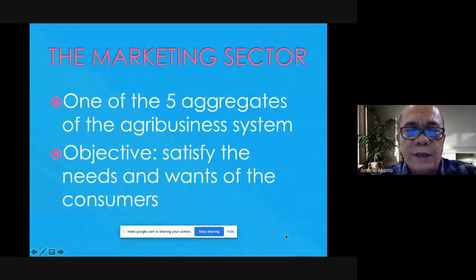Firstly, we need to understand the marketing sector. What's in the marketing sector or marketing subsystem? This marketing subsystem is one of the 5 aggregates in the agribusiness system.